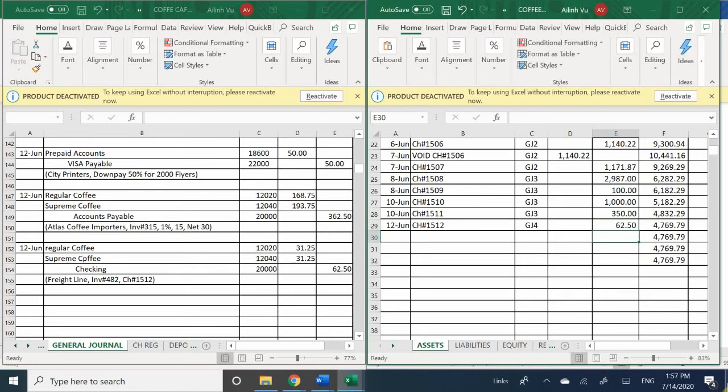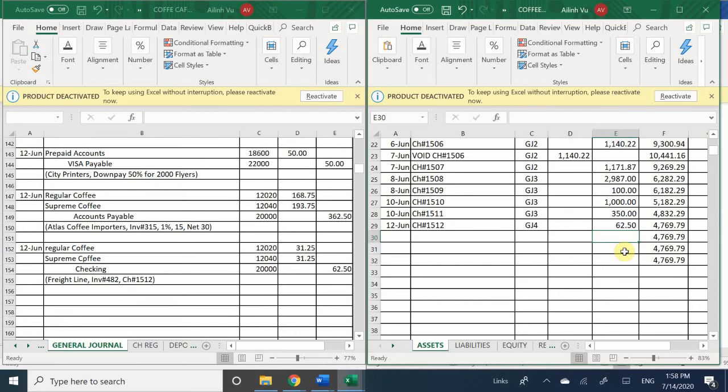Okay, so good. So now that we have this, excuse my language, sorry about that. I dropped my phone. Okay, so 62.50. When we subtract that out of our bank, because we wrote a check, it decreased our amount to $4,769.79, because we wrote a check out, so it decreases our money, right?